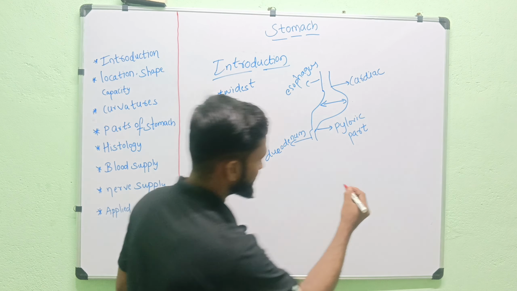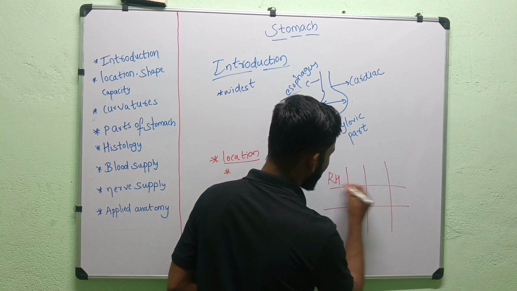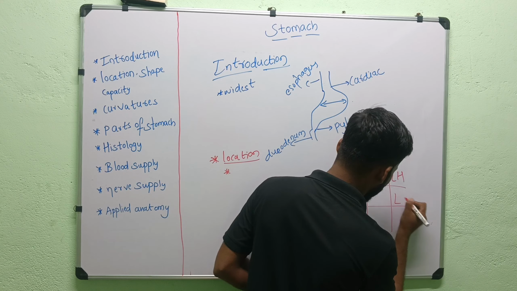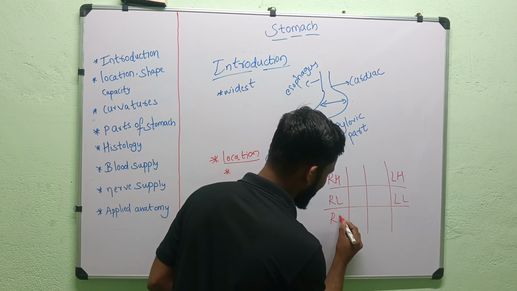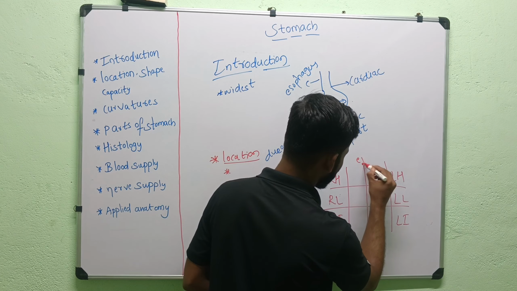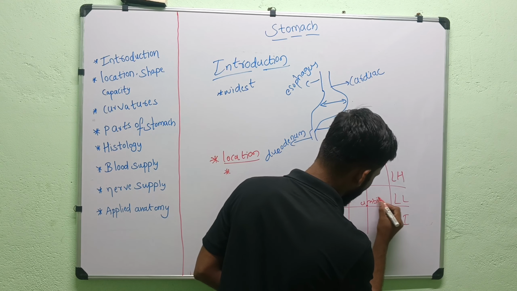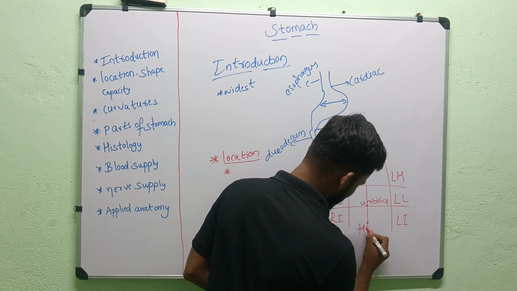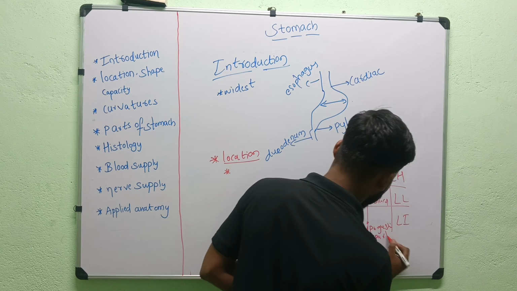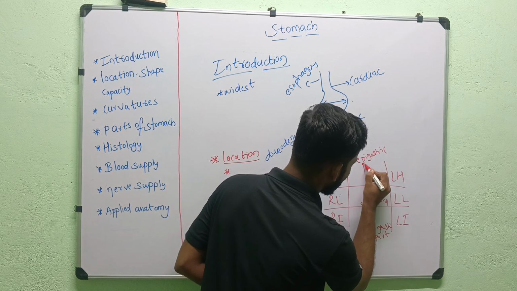We divide the abdominal parts like this: the right hypochondrial region, left hypochondrial region, right lumbar region, left lumbar region, right iliac fossa region, left iliac fossa region, the epigastric region, the umbilical part, and this part is known as the hypogastric part.